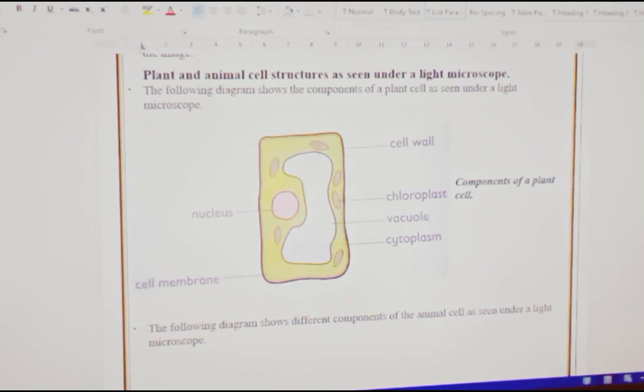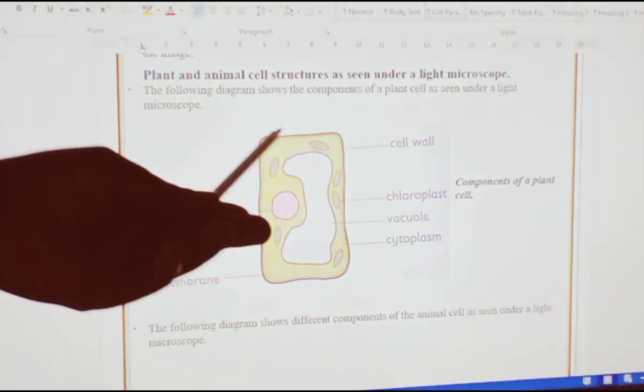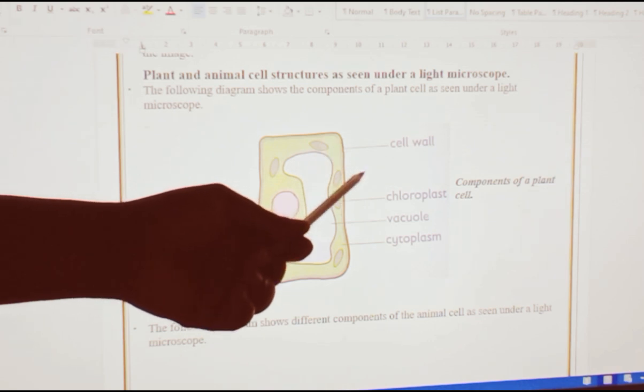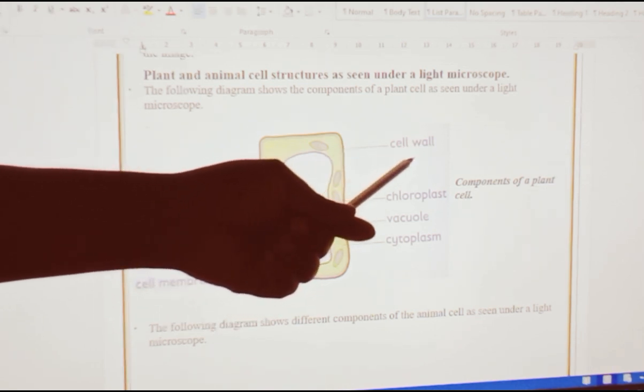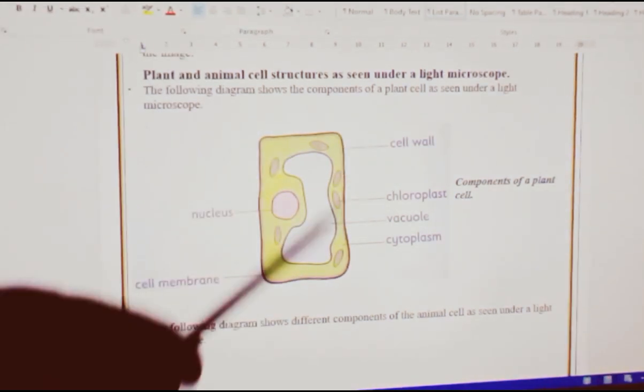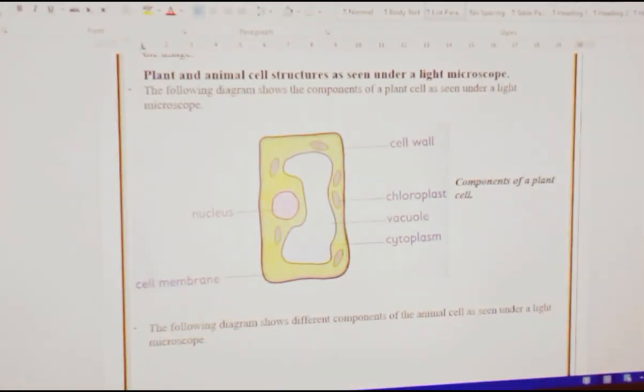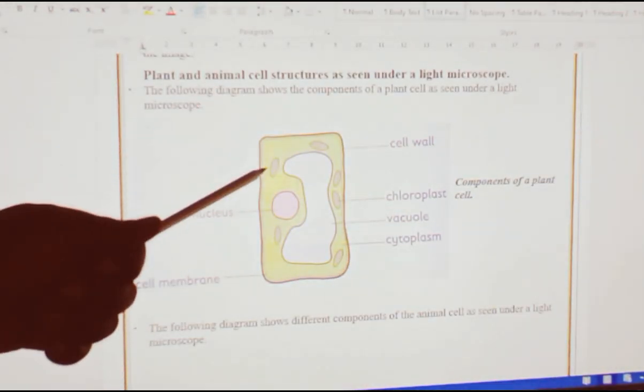So let us study the parts of a plant cell under a light microscope. We have the outermost part called the cell wall. And we have got another part here.